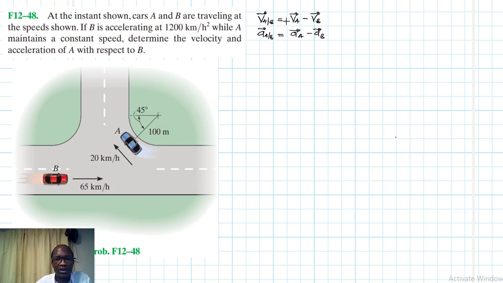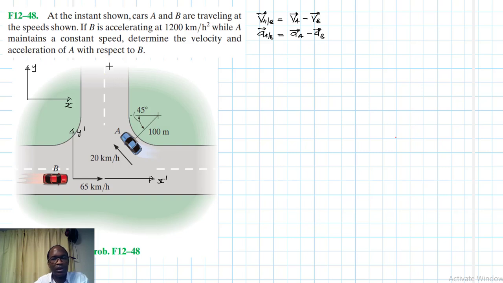In our case, the translating reference frame, we are going to denote it as x prime and y prime, and it is at B. This is where we are observing the velocity of A with respect to B. Let's also place our fixed reference frame at an arbitrary point, and call it x and y. These two reference frames are parallel to each other.